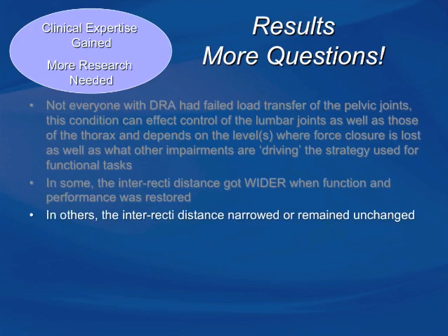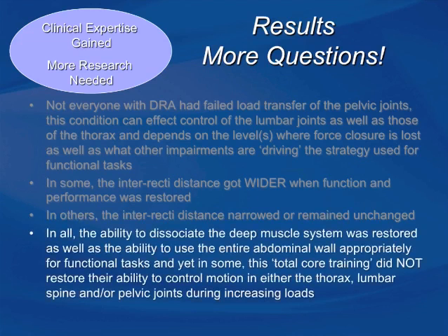And the important thing to remember is that whether it got wide or it narrowed, in all of the ones who were able to restore function, it appeared that tension was able to be generated within the linea alba. And in all of them, they were able to dissociate the deep muscle system, and they were able to use the entire abdominal wall appropriately for functional tasks.